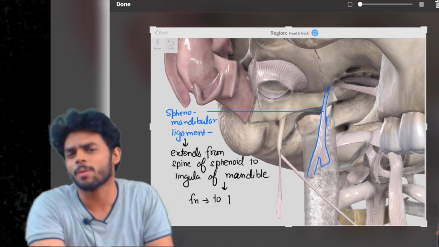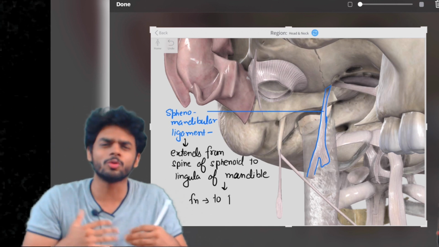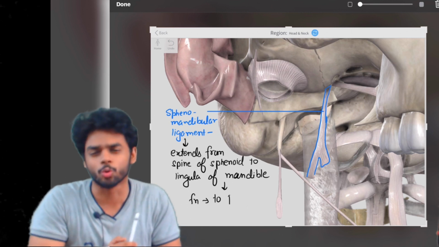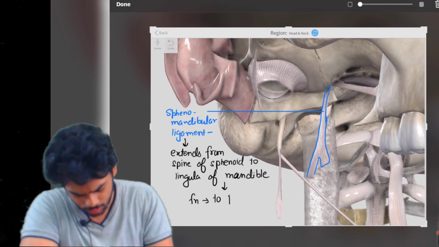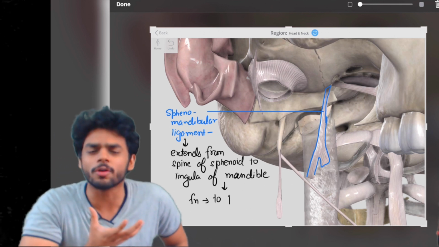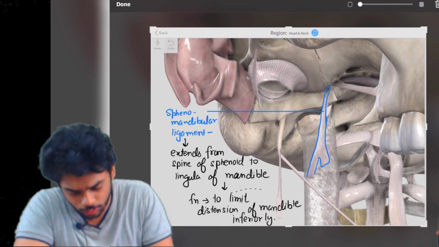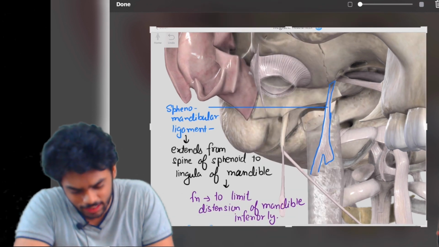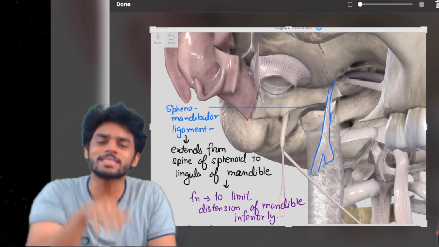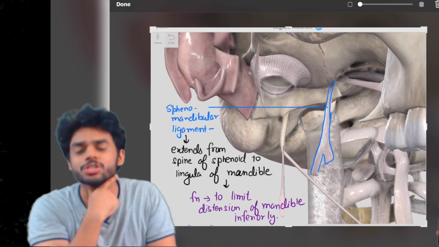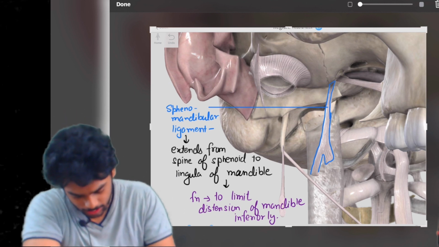We will discuss that structure in a later lecture, but if you do not know it, you can just Google it. And what is the function of this ligament? To limit the distension of the mandible inferiorly. It won't allow excessive distension of the mandible. Am I clear?